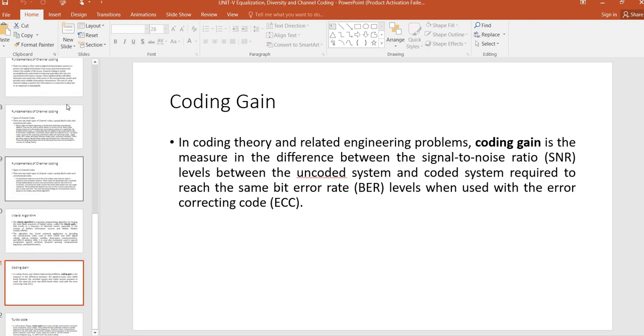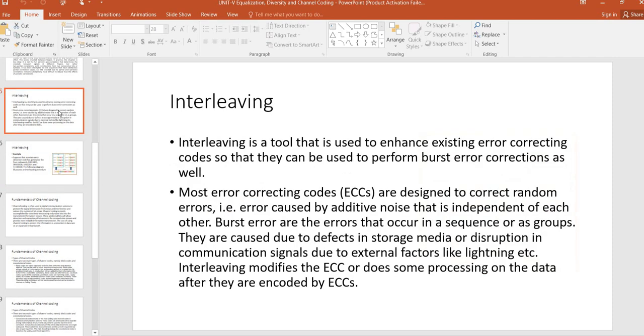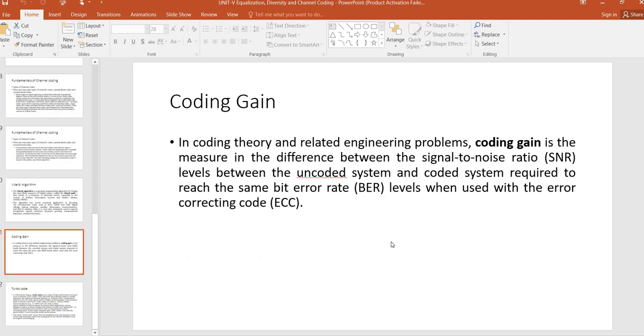Here, in the interleaving, there are two types of interleavings. We have the interleaving tools for error detection and error correction, and ECC, error correction code, is designed to correct random errors. Random errors, not continuous, are coming randomly in the bit stream.